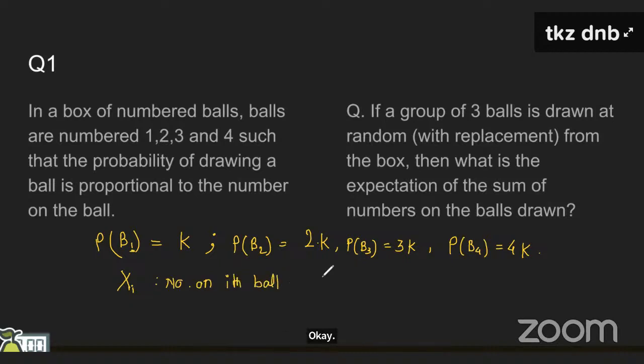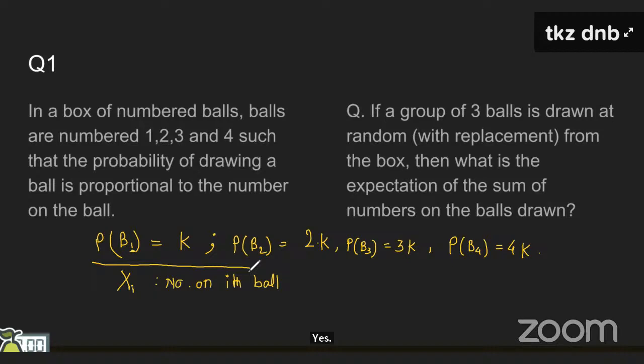What can your number be? It can be 1, 2, 3, or 4, because there are 4 balls. So your x1 can take any of 1, 2, 3, 4, and x2 also can take any of 1, 2, 3, 4. And their probability will remain the same.